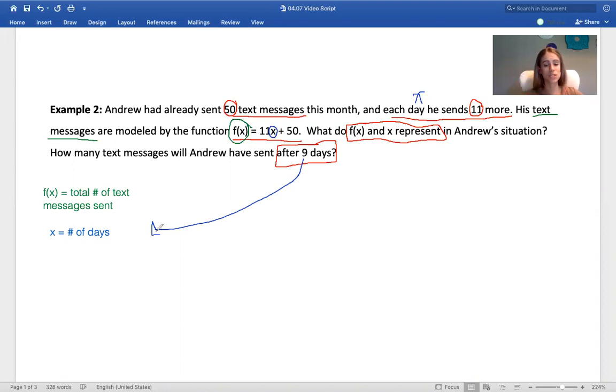I can substitute 9 in for x. All right, f of 9, because x represents the number of days, is equal to 11 text messages each day, which in this case is 9, plus the initial 50.